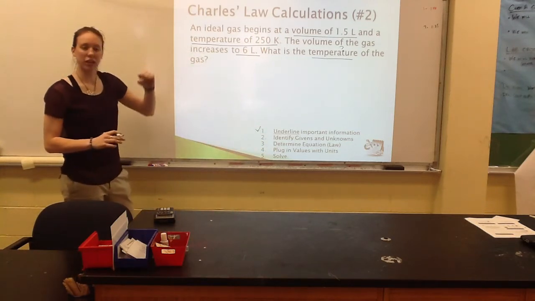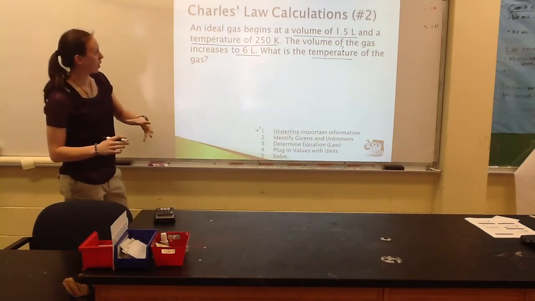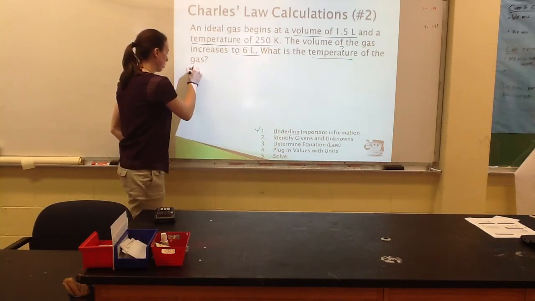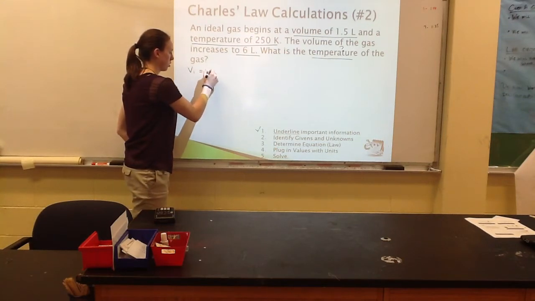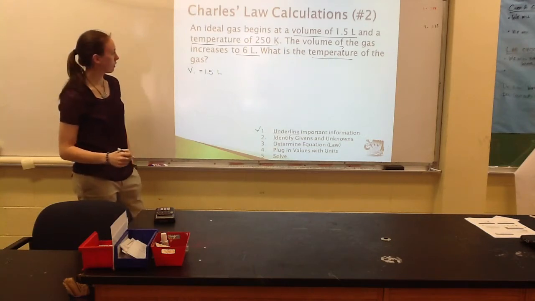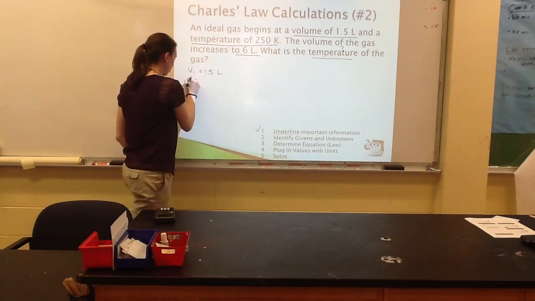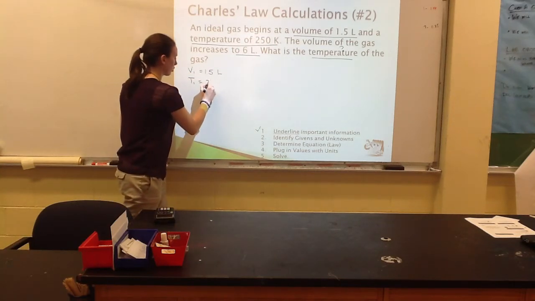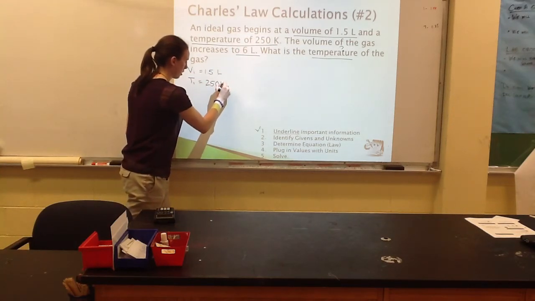Step number 2 is to identify our givens and our unknowns. We've got a volume of 1.5 liters, so V1 equals 1.5 liters, and a temperature of 250 Kelvin, so T1 is 250 Kelvin.